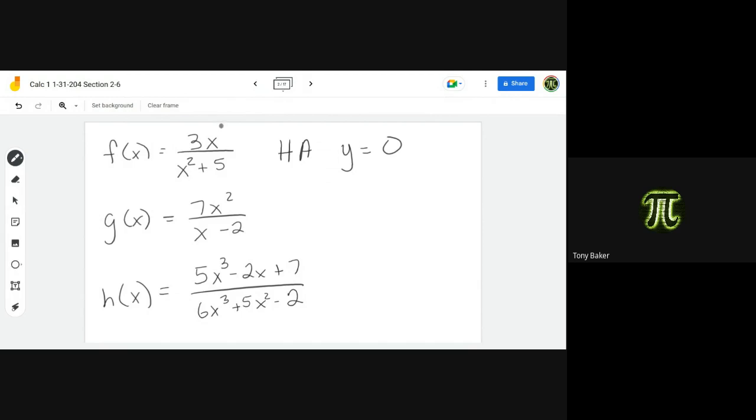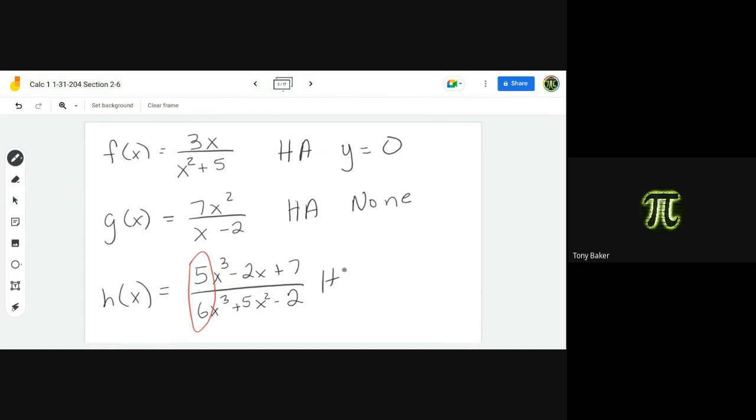Okay, because my degree on the top is 1, my degree on the bottom is 2. If the degree on the top was bigger, when you did it, it had no horizontal asymptote. If the degrees were the same, you looked at your leading coefficients.